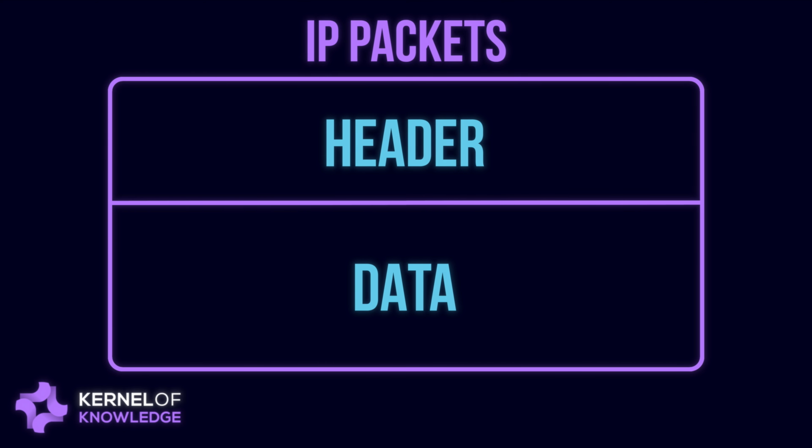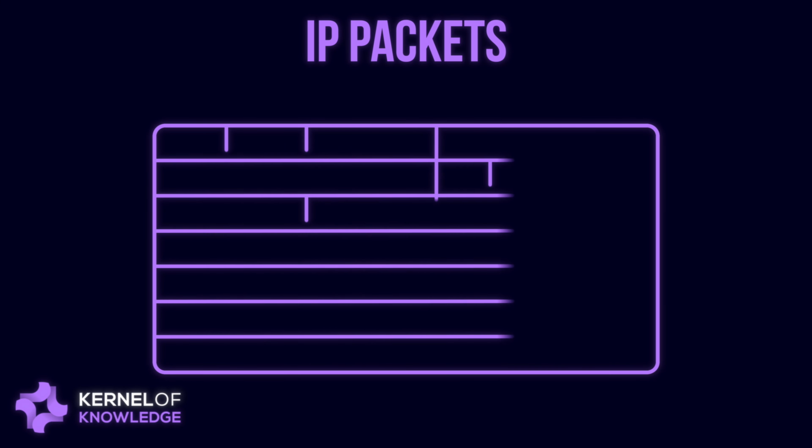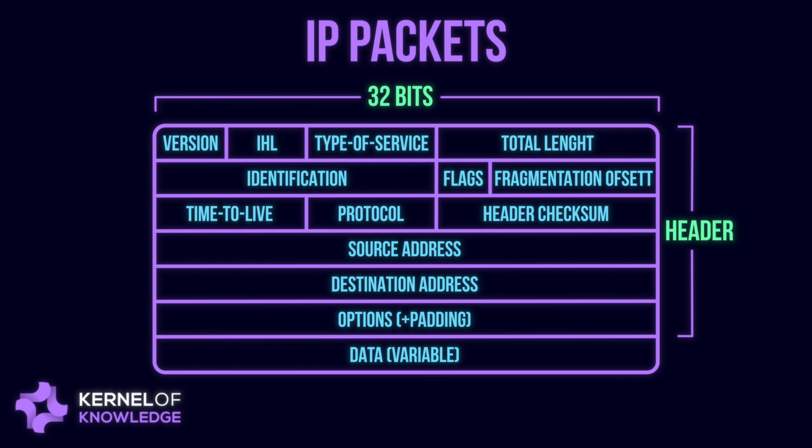Now, the header itself has a lot of information about the packet itself, such as the source and destination address, the ID of the packet itself, and some ordering via the fragment offset. You can see here that there's lots and lots of data contained within the header, and this is all used by the protocol. It's important to note that there are currently two versions of the Internet Protocol.